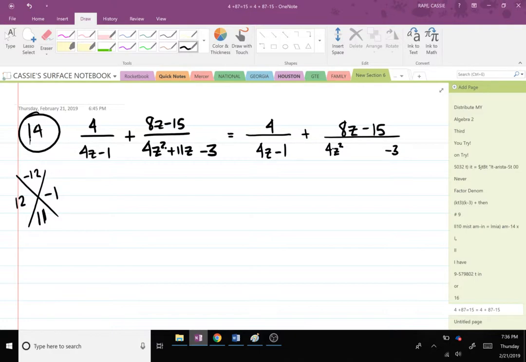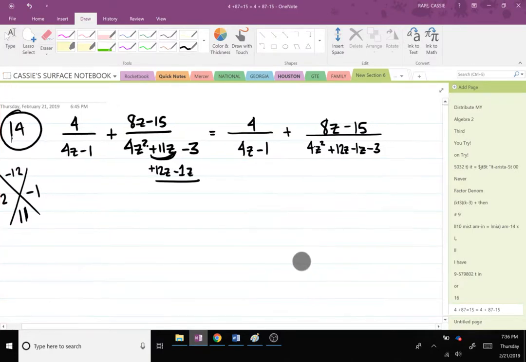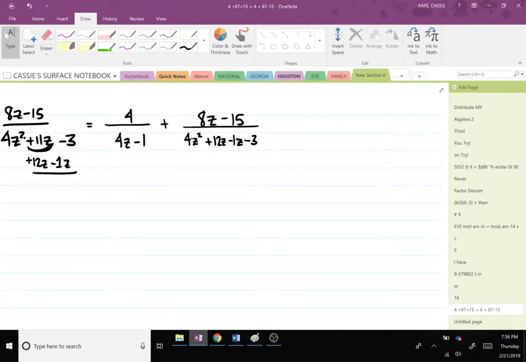But what I do is I decide to rewrite 11z as plus 12z minus 1z. If you added those together, they're like terms, so you would end up with positive 11z. There is a reason that I do this, and that video will show you, but I'm going to write plus 12z minus 1z. Okay, now then, I'm not finished factoring yet.